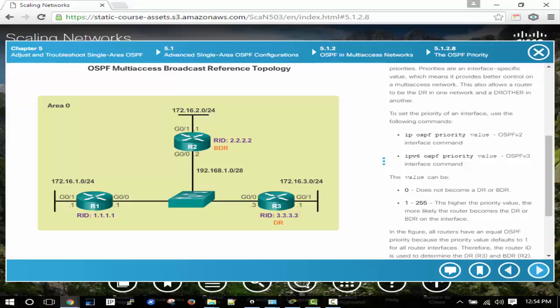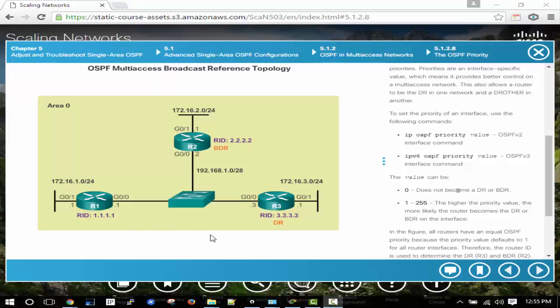Yeah, no, we're setting interface priority, and so we can set 0 if we have a really old device that we never want to go up, and 1 through 255. The higher the priority value, the more likely it is to become the DR or the BDR. Right, so 255 would say, hey, we really want this to be BDR or the DR.